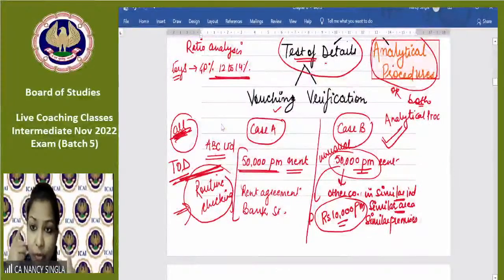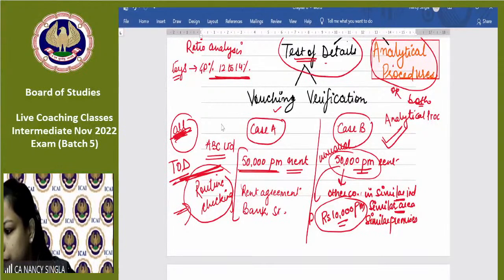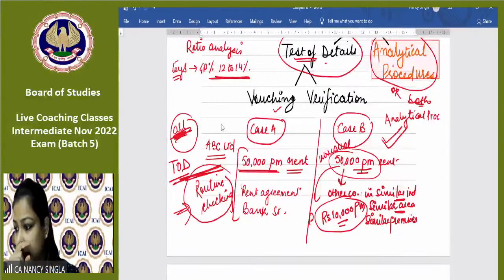That is why the auditor will examine in detail. Okay, Hiral, Dhanalakshmi, are your doubts clear? Is it clear? So is there any other doubt?